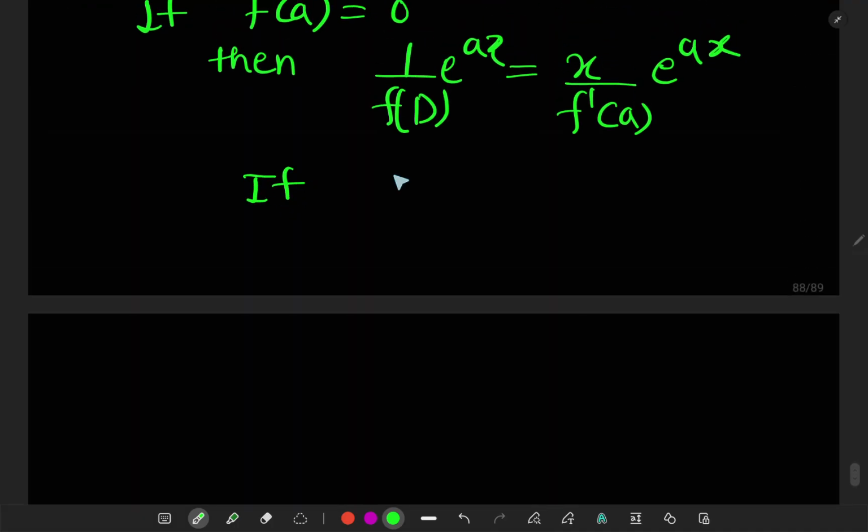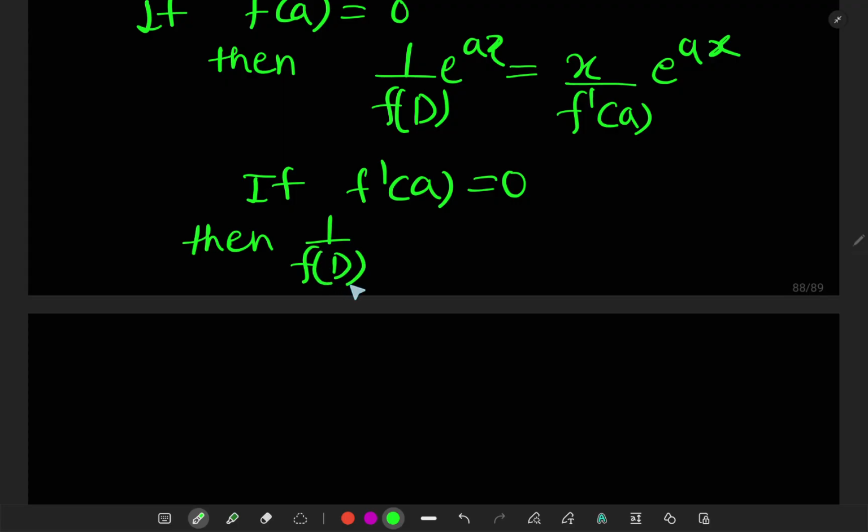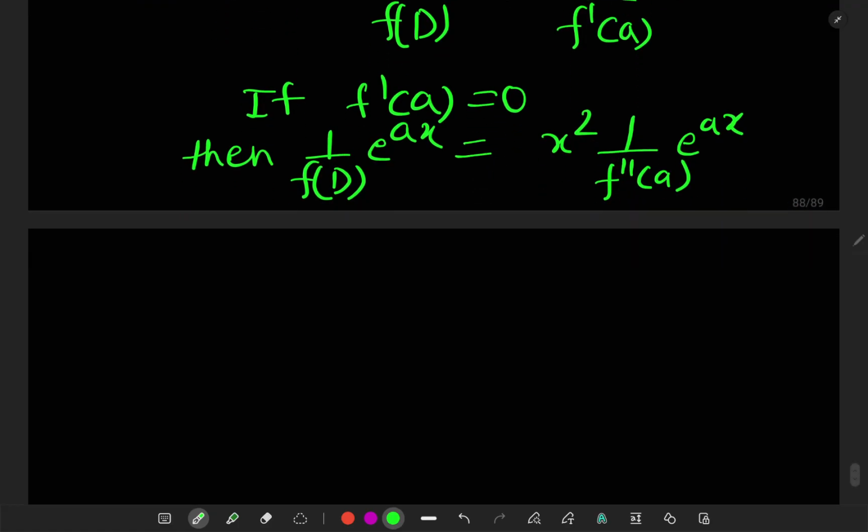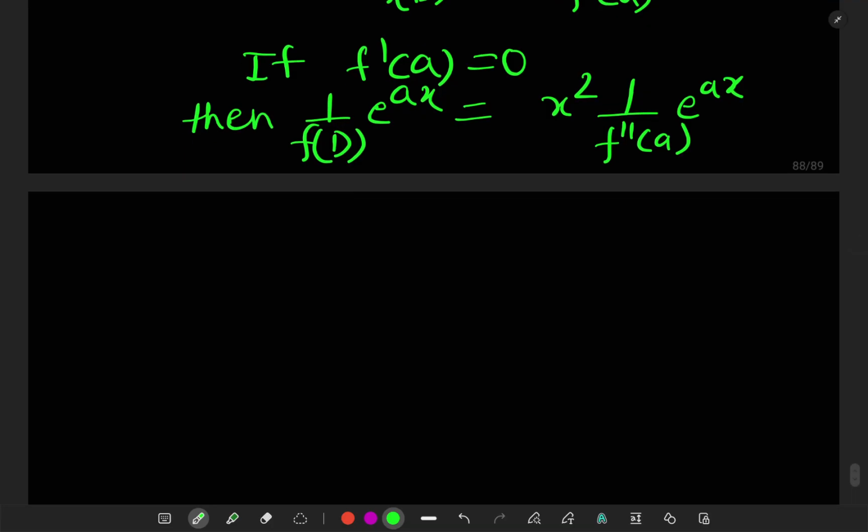If f dash a also 0, then 1 by f d e raised to power ax is equal to x squared divided by f double dash a e raised to power ax. So then double differentiate the differential equation. If this becomes n times, then differentiate n times and multiply x raised to power n.